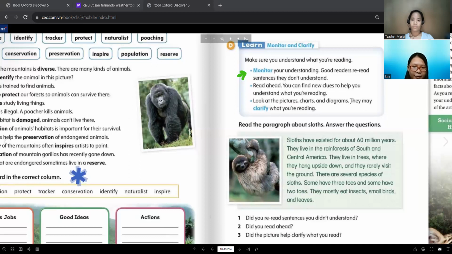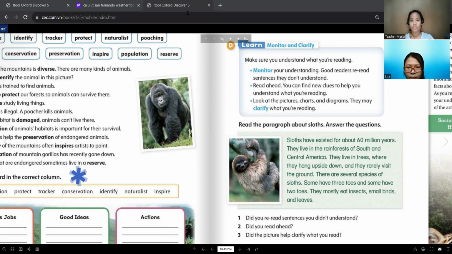They may clarify what you're reading. Okay, so first, you monitor your understanding. Good readers reread sentences they don't understand. The next one is read ahead. And the next one is to look at pictures, charts, and diagrams.